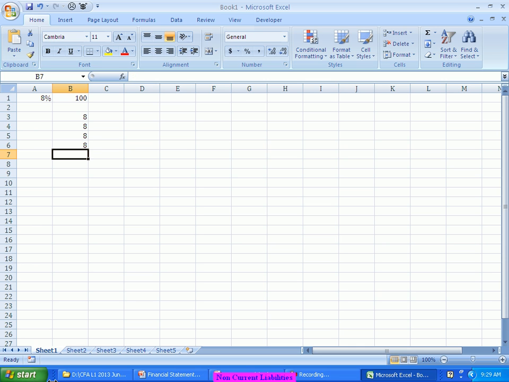So every year I will receive 8, and let's say this is a 5-year maturity bond. So in the 5th year I will receive 108. These are the typical payments which the bond will be making.